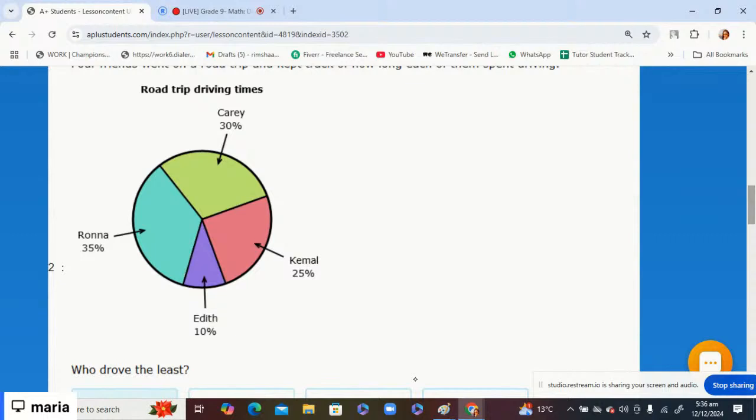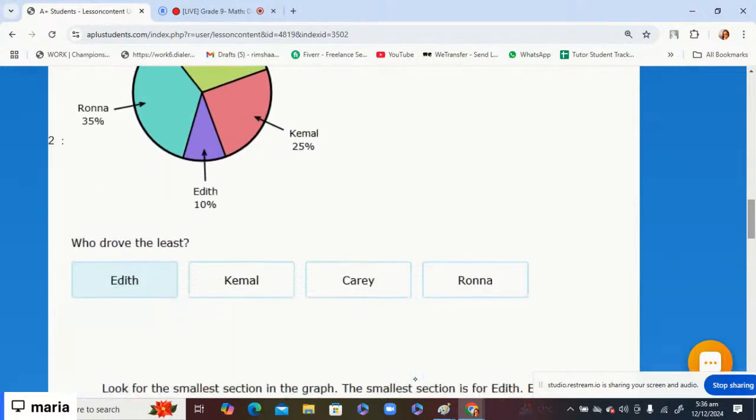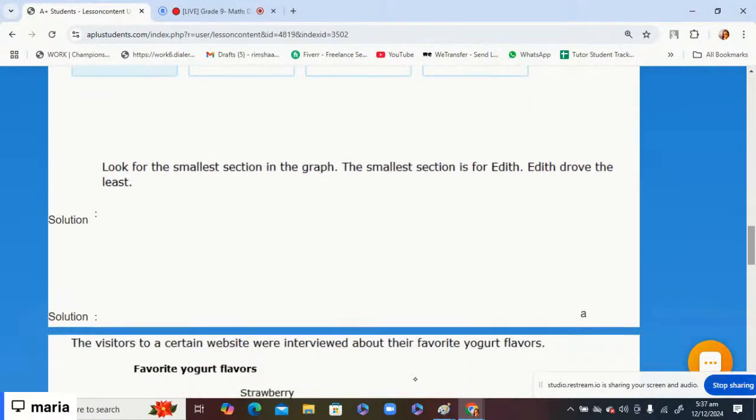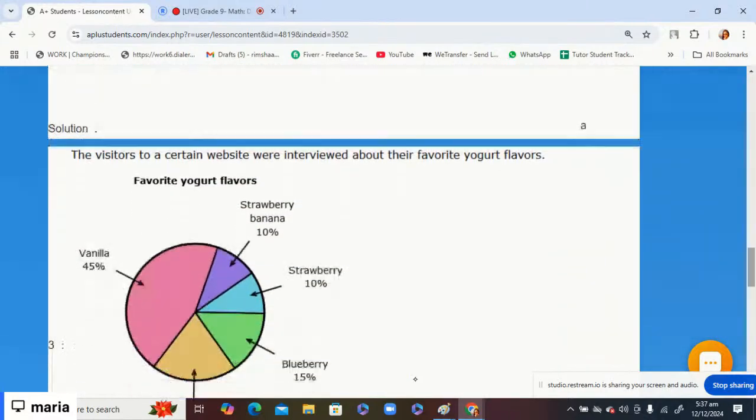When we see the graph, the smaller part is for Eddie, that is the purple, because the green, red, and the other blue one are greater. For the purple it's only 10%. So we can say that Eddie, this is only 10%, which is option A.